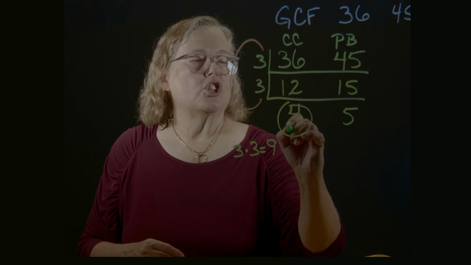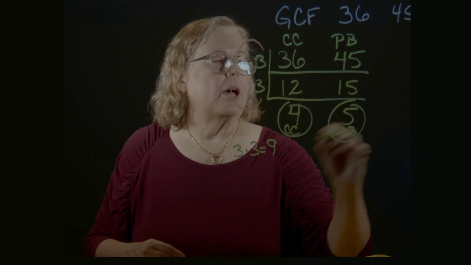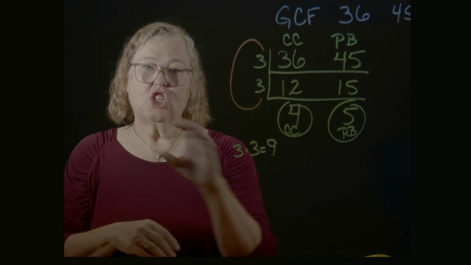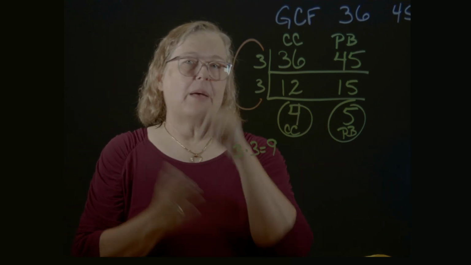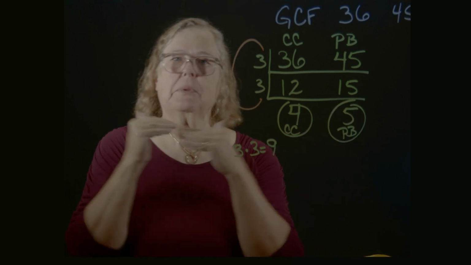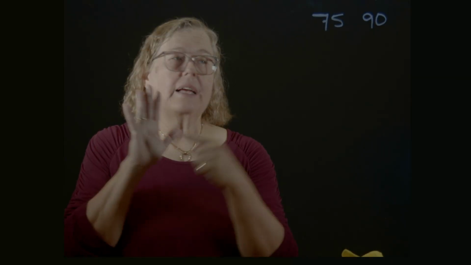I'm going to have 4 chocolate chip cookies and 5 peanut butter cookies. So in each bag, we will have 4 chocolate chip and 5 peanut butter. And that's how we're going to divide it up evenly. Pretty cool. All right, just one more example.